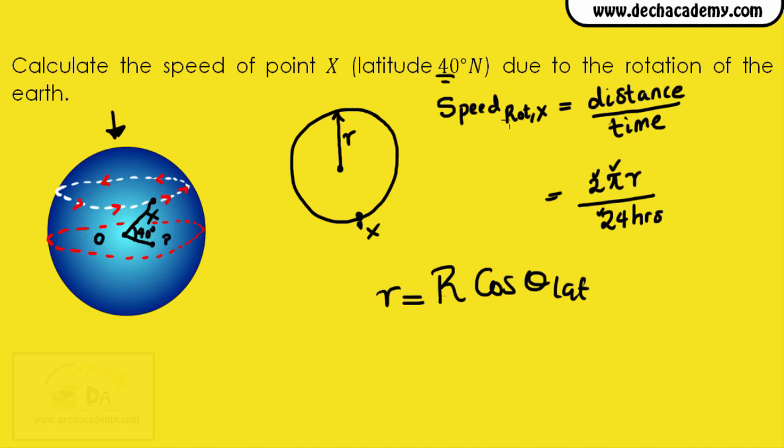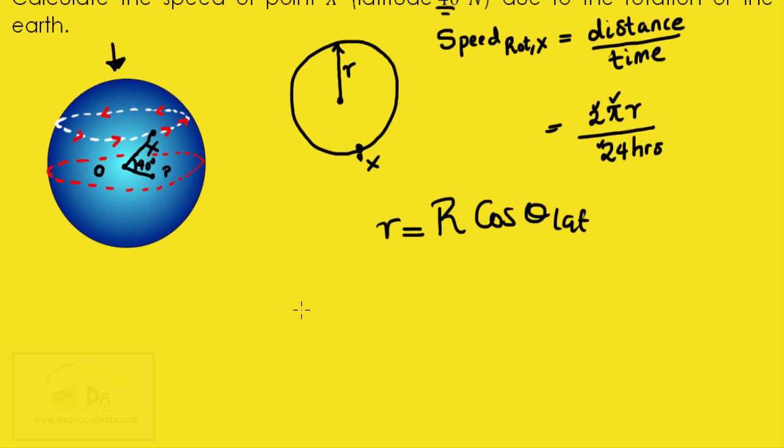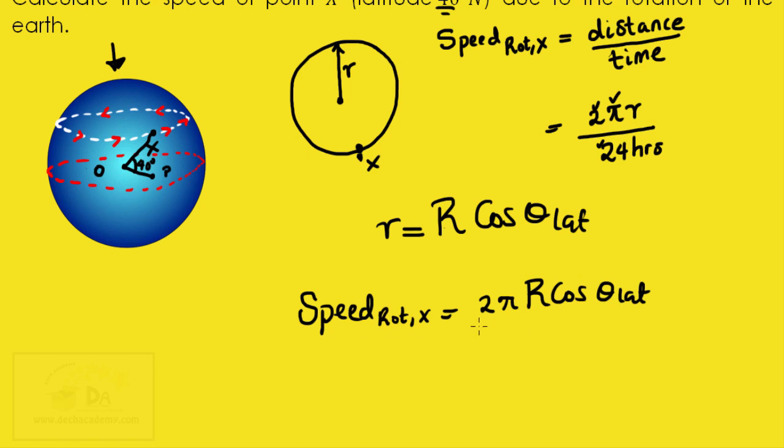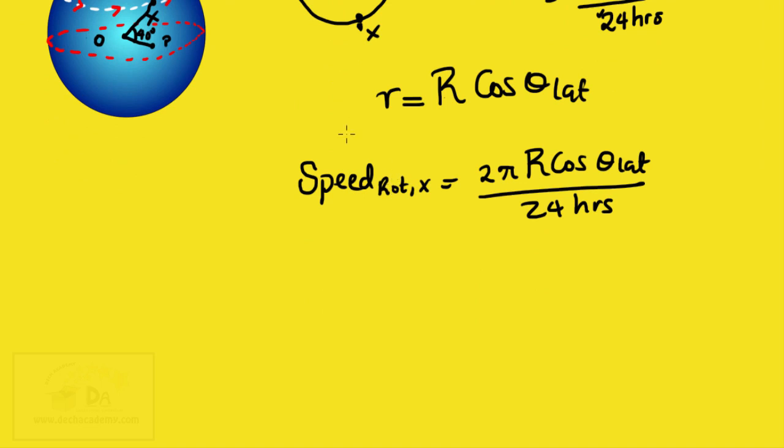So the rotational speed of point X is equal to 2 pi small r, and small r is big R cos theta lat, so all of this divided by 24 hours. The question now is to determine this rotational speed.